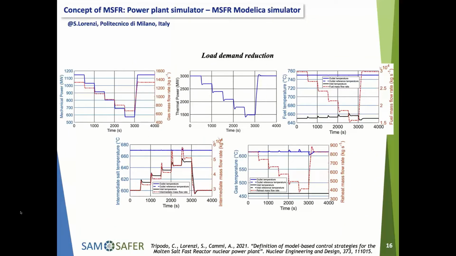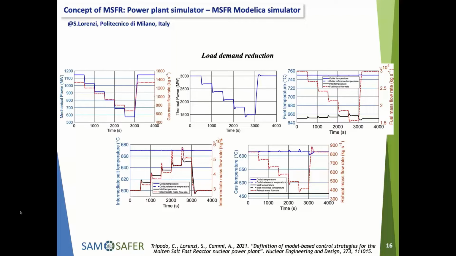During the previous project, we used this simulator to test what Elsa was discussing some minutes ago: the capability of the molten salt fast reactor to respond to a load demand reduction from 100% to 50% without the need of a control rod.